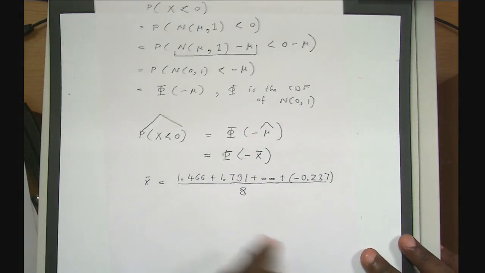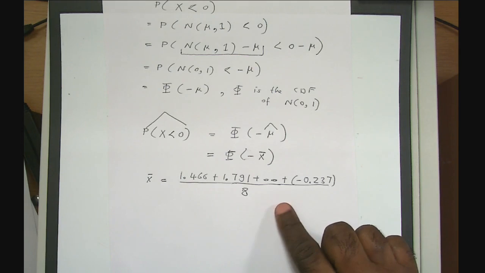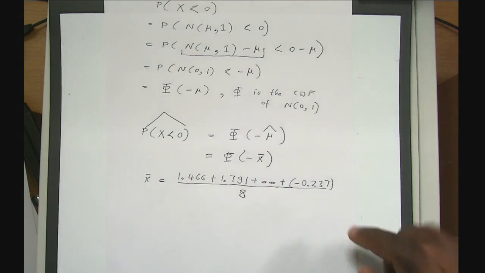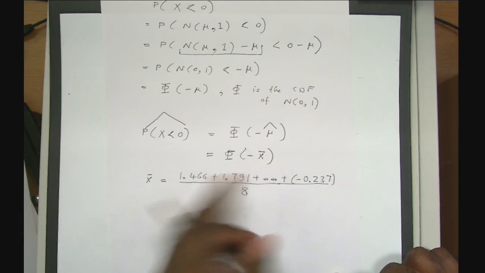Okay, and you can work this out. If you have a calculator with you, this will give you a number, right? And then you sub this into here, you get the MLE for the probability. Okay, so you just work this out, sub in here, and you get the answer.